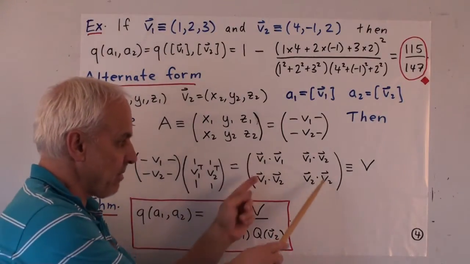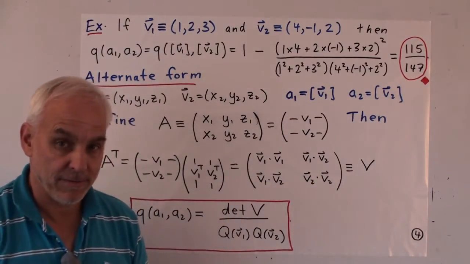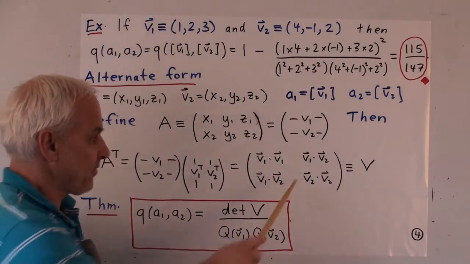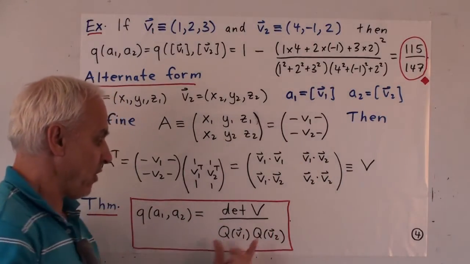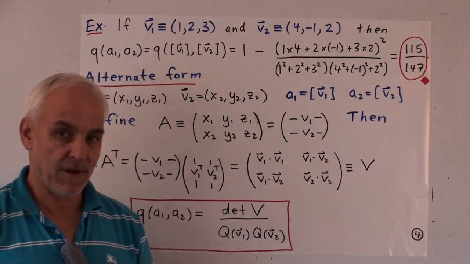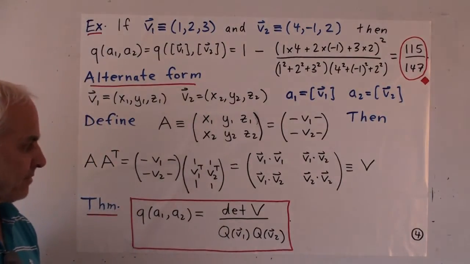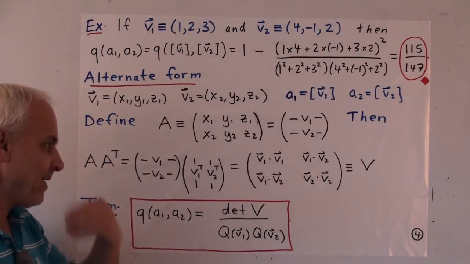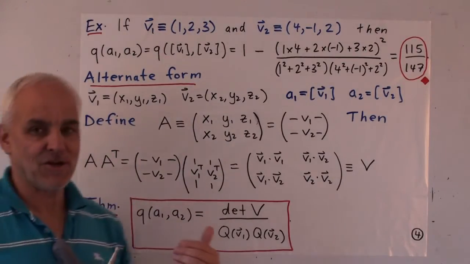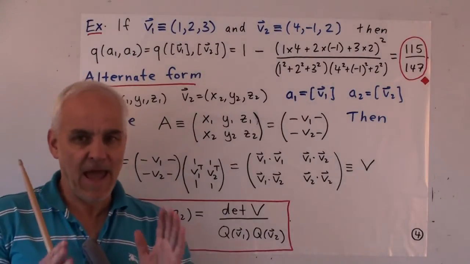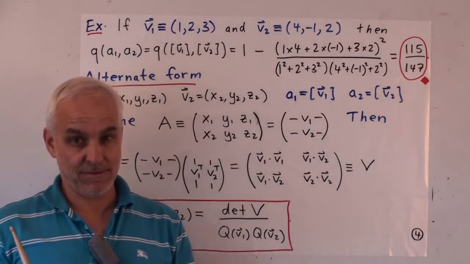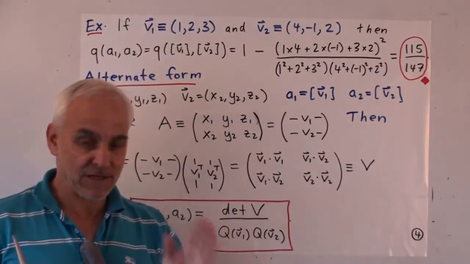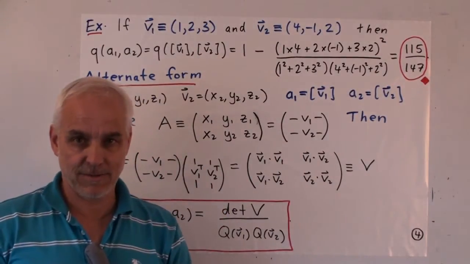So it's this times this minus this thing squared, and that's just 1 minus V1 dot V2 squared over Q of V1, Q of V2. So it's an immediate consequence. But it, again, sheds light on the fundamental aspect of this spread. Okay, it's just the determinant of the Gram matrix renormalized.